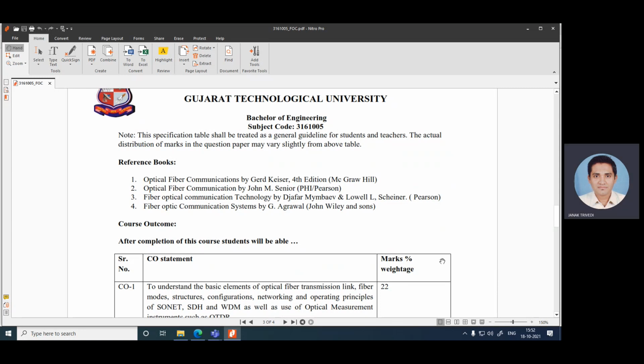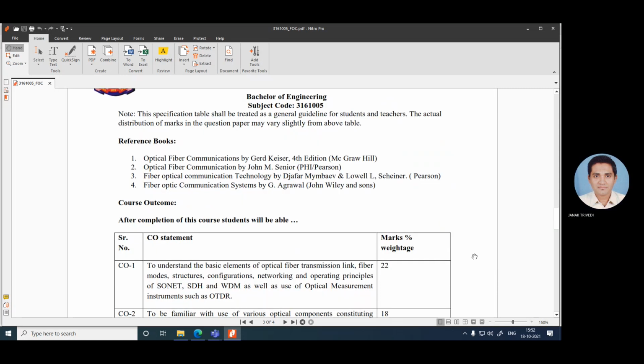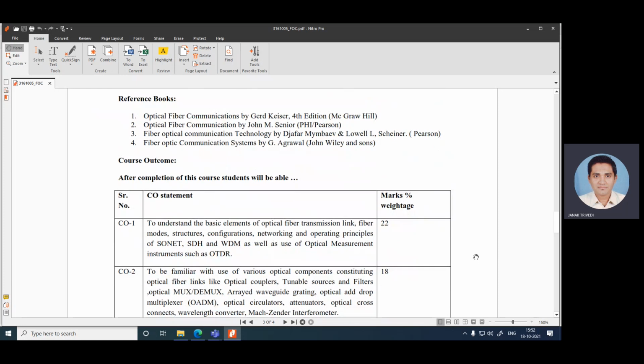After completion of this course, the outcomes are: CO1, to understand the basic elements of optical fiber transmission link, fiber modes, structure, configuration, networking, and operating principle of SONET, SDH, and WDM, as well as the use of optical measurement instruments such as OTDR. The weightage of this CO is 22%.